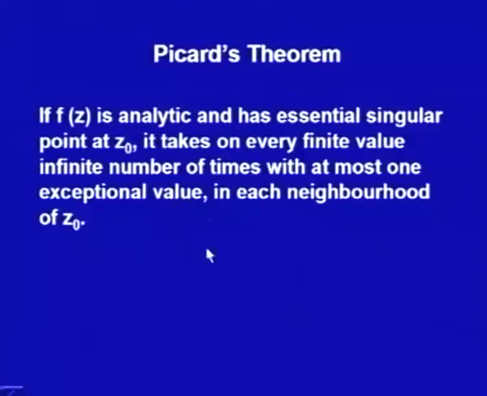What it is saying is that if I take any neighborhood of z naught, every finite value that the function can take is taken an infinite number of times. Suppose f(z) is, let us say, 1; then there would be infinitely many z's for which f(z) would be 1 in a neighborhood of z naught.